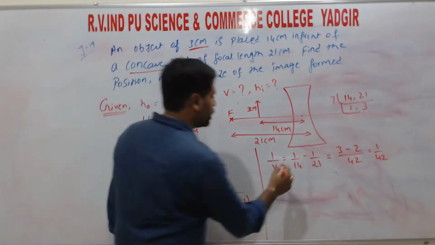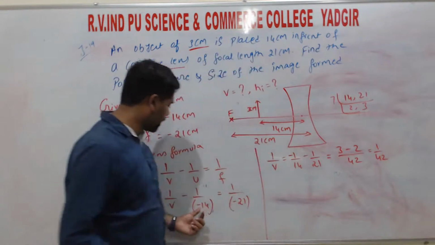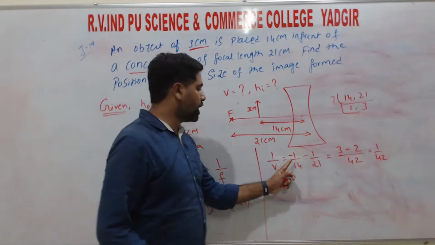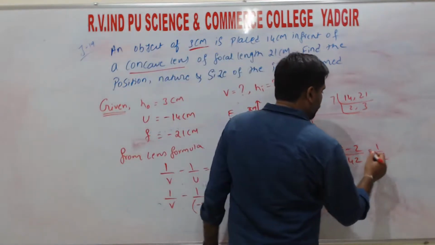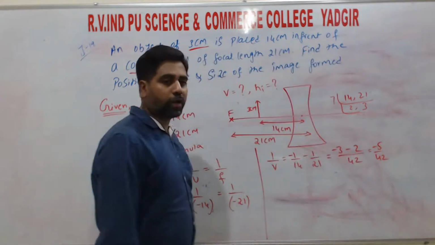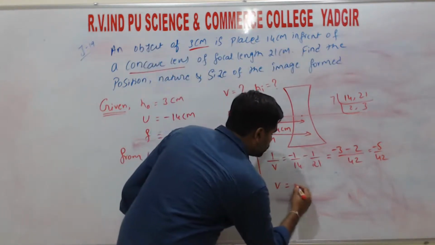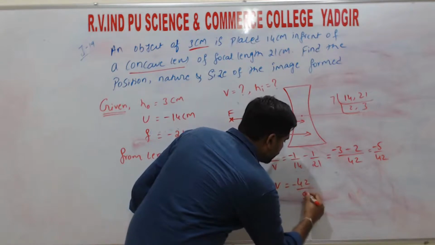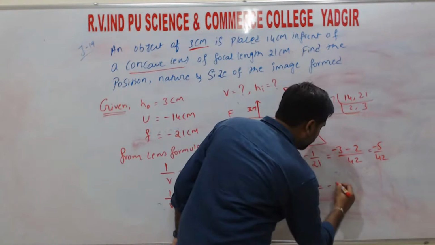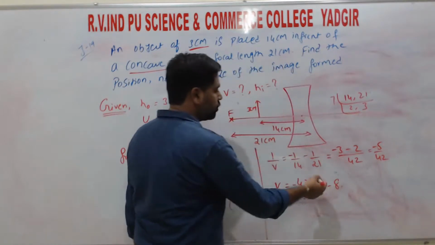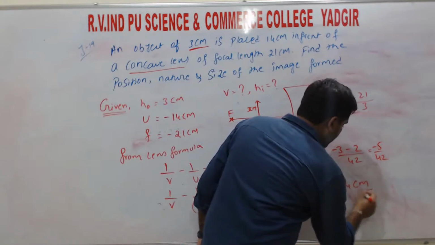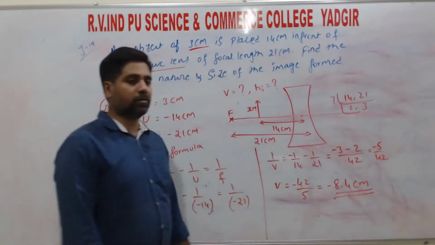So 1 by v is minus 1 by 14, because minus into minus is plus, and if we shift this, again it becomes minus 1 by 14. So that is minus 3 minus 2, that becomes minus 5 by 42. So v equals minus 42 divided by 5. 5 8s are 40, remaining is 2, so putting the decimal, 20, 5 4s are 20, that is 8.4 centimeter.